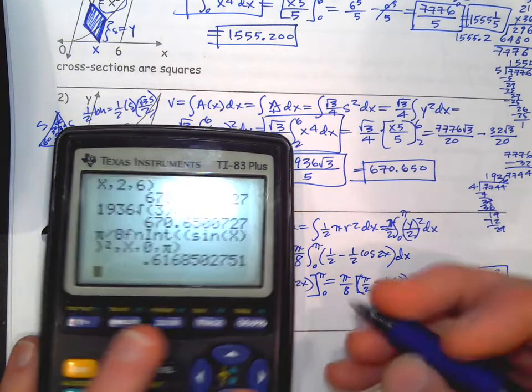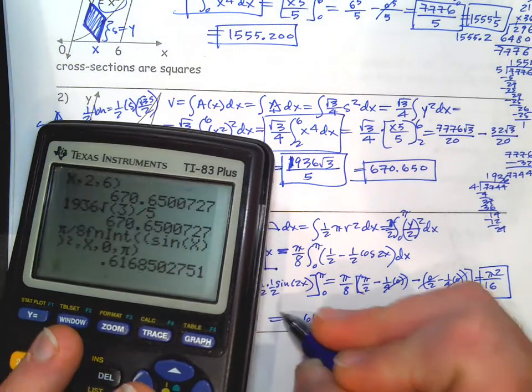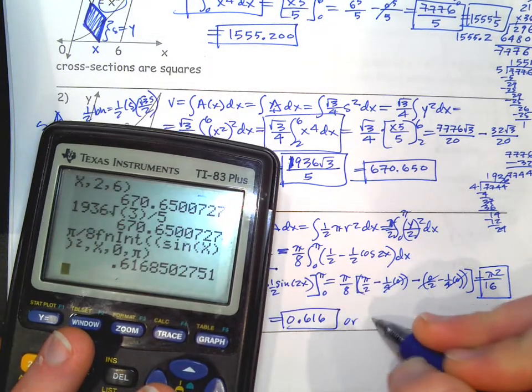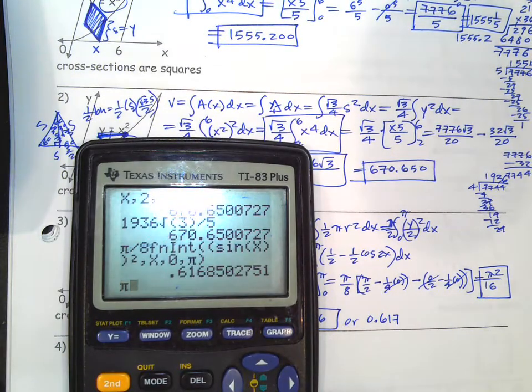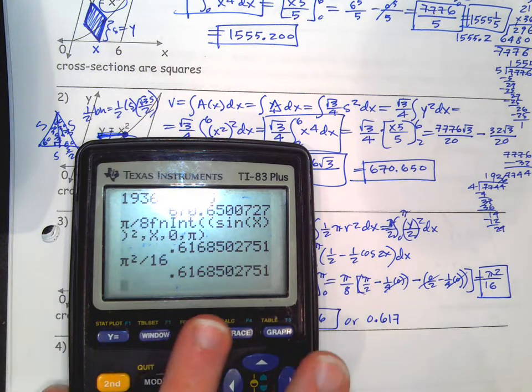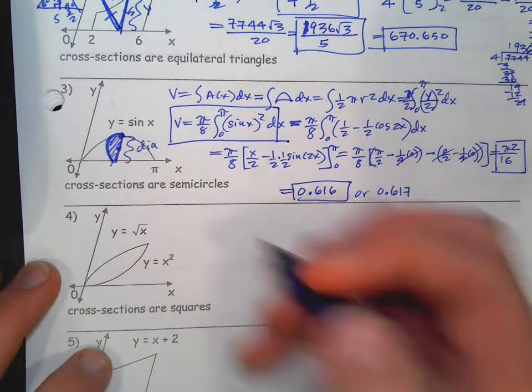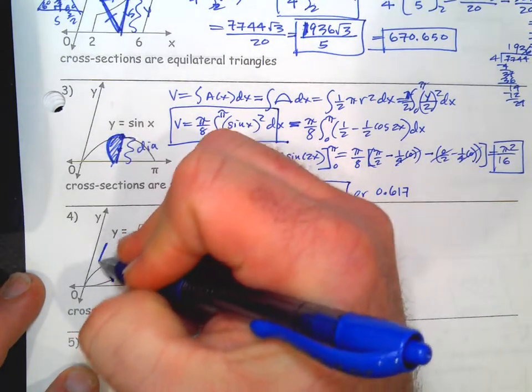And the answer we get from the calculator is 0.616 or 0.617. And let's check. Pi squared divided by 16 is the same thing. So that's good.